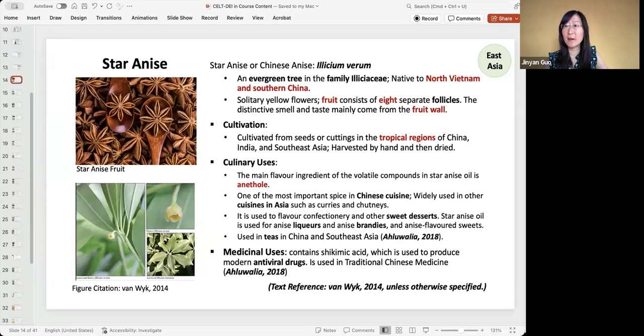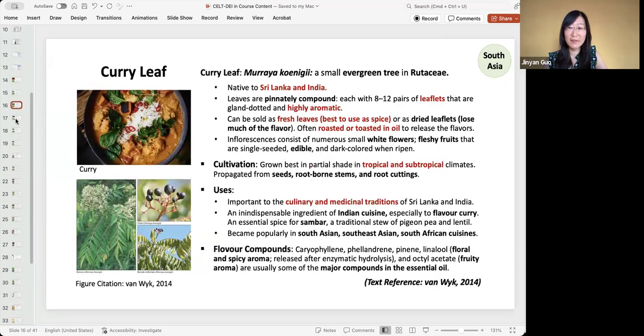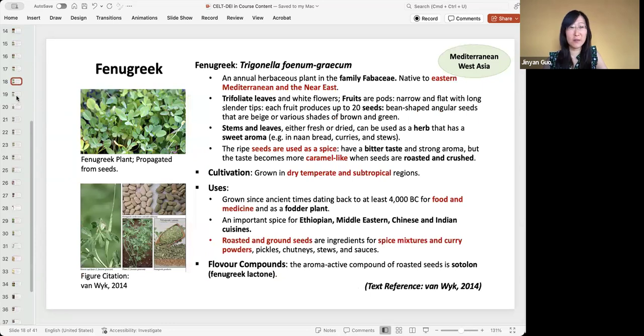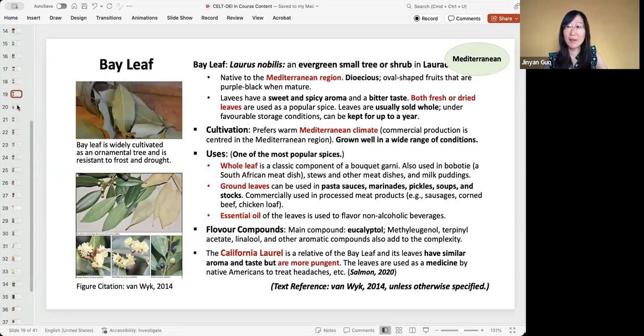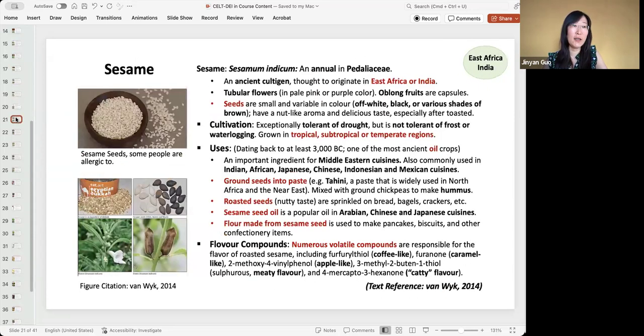For example, I have star anise, originated from East Asia but widely used in many other societies. And green cardamom, originated in South Asia, and curry leaves from South Asia. And I think many students do eat curry, but they don't understand where the curry leaves come from, right? So I think this will be beneficial for their knowledge. And cumin from the Mediterranean and West Asia, and fenugreek from the Mediterranean and West Asia, bay leaf from the Mediterranean region, and licorice from the Mediterranean and Central Asia, and sesame.